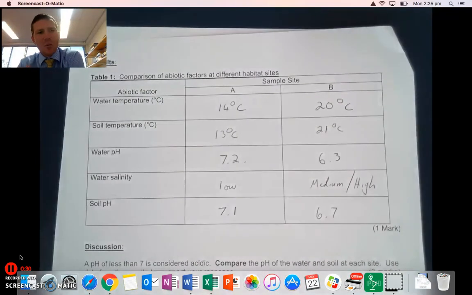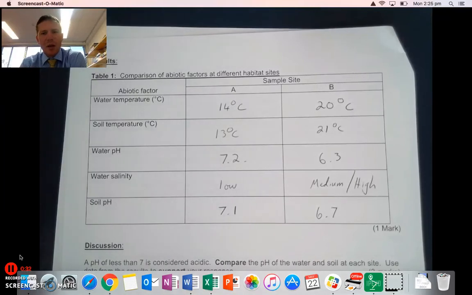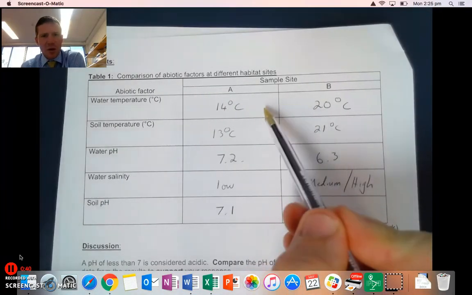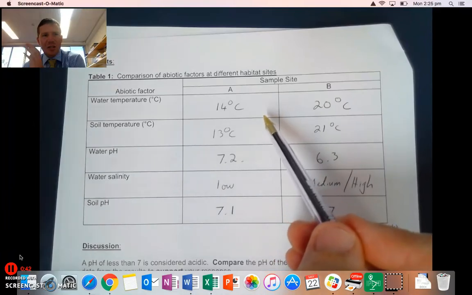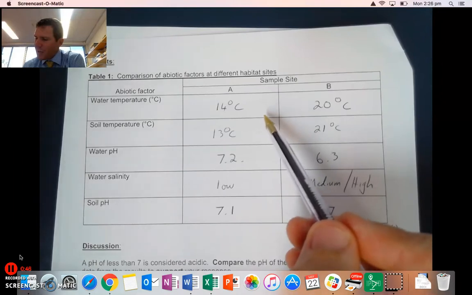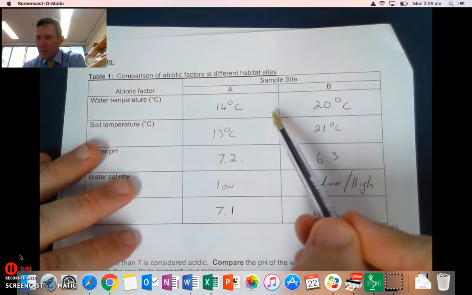So what that means is I want to look for things that are the same or close, and things that are quite different. Okay, so we can look at the water temperature and say there's a fairly significant temperature difference, even though it's in one relatively close area, there's a 6-degree temperature difference in the water.